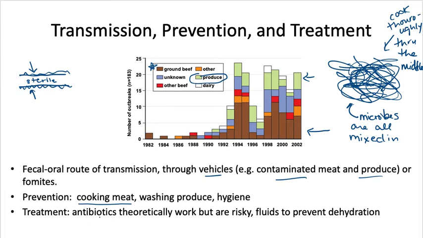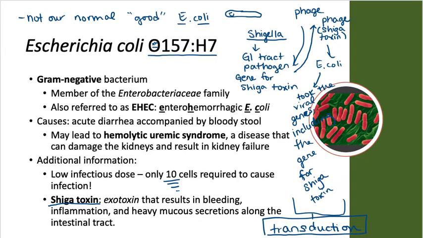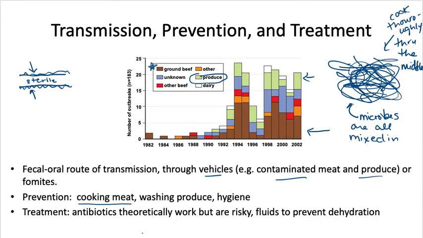Antibiotics theoretically work to treat E. coli infections, but they're very risky. The reason is, if the infection is severe, you have a whole bunch of E. coli built up. And remember, E. coli is gram negative. And so because it's gram negative, it has endotoxin, right, which is a part of its outer membrane. So if you take antibiotics, sure, the bacteria will die, but it might result in a greater risk of that endotoxin getting in your bloodstream.